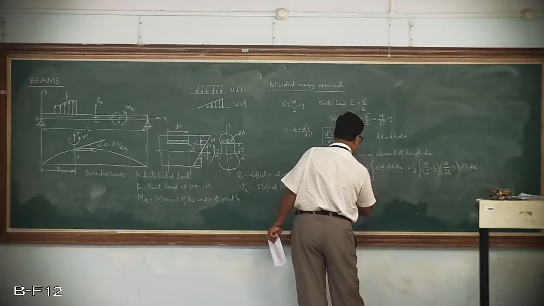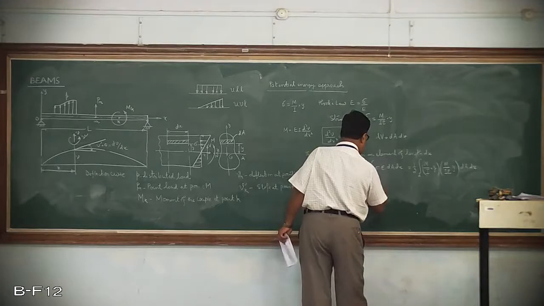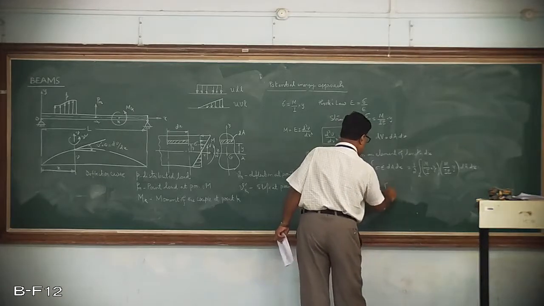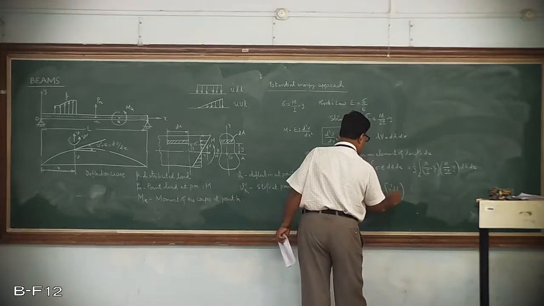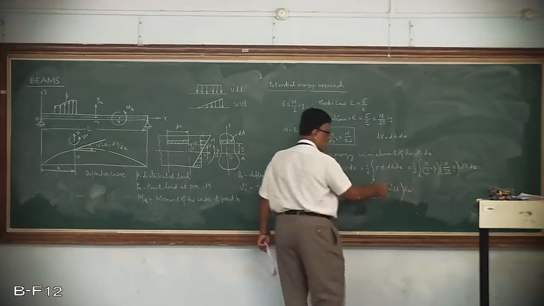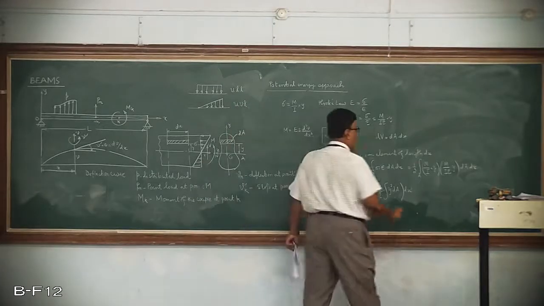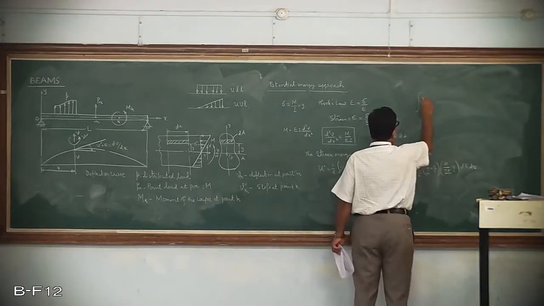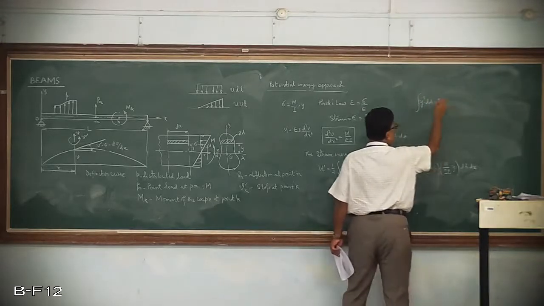This is going to be half M square upon I square E, and I shift the integration sign here with y square dA, all multiplied by dx. From applied mechanics, you already know that the integral of y square into dA, the moment of area, is nothing but the moment of inertia I.